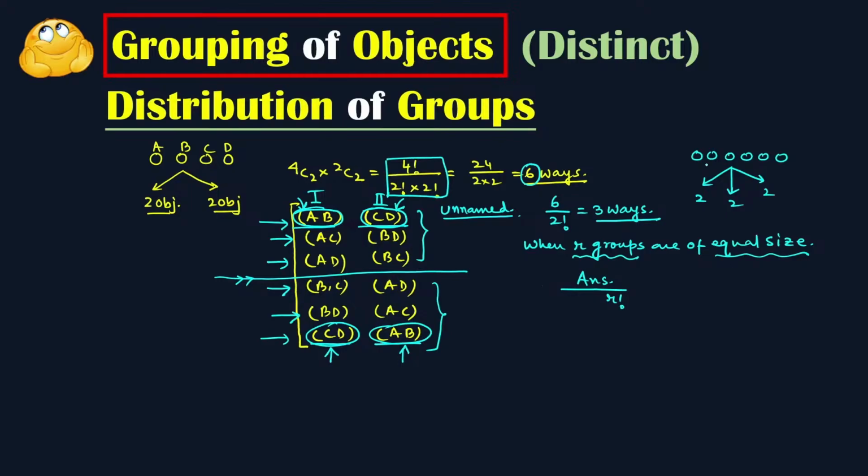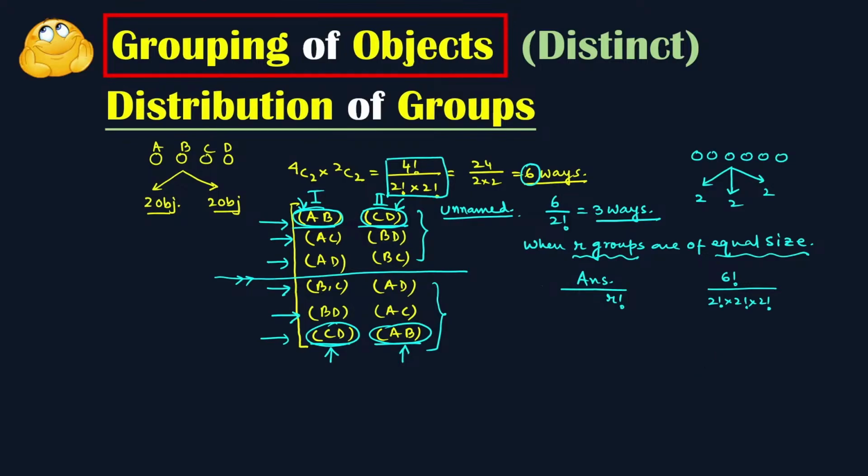Suppose there are 6 objects and we have to form 3 groups, each containing 2 objects. So in that case, what will be the answer? It will be factorial 6 divided by factorial 2 into factorial 2 into factorial 2. Till this part, it is exactly the same as when the group sizes were not equal.